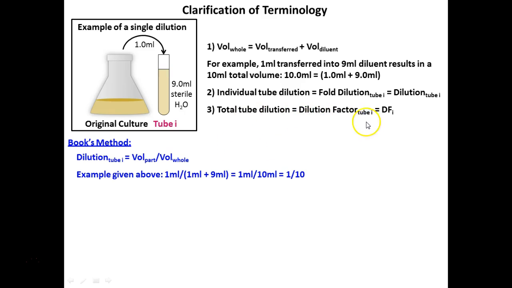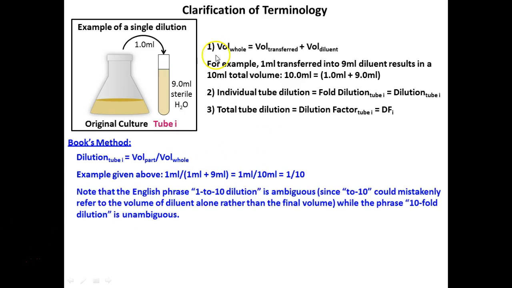Total tube dilution, or the dilution factor that we need for calculating, is when we get past this initial tube, this dilution has to be taken into account with the next dilution that we do in the series. So for an individual dilution, your book has you do part over whole, which will give you a fraction.